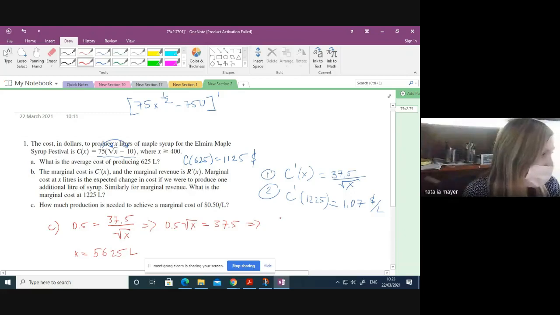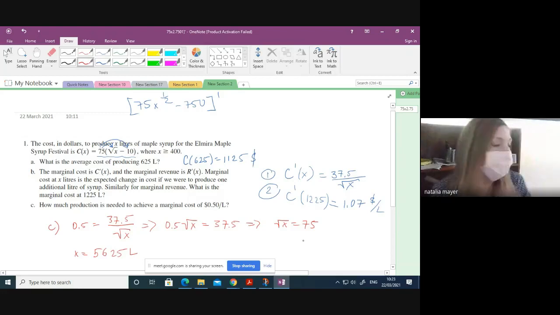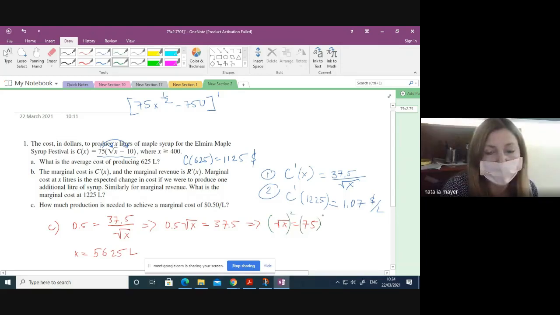Then you divide by 0.5. So square root x equals what, guys, when you divide by 0.5? 75, right? And the last step, guys. You square both sides. So this gives you this x value.